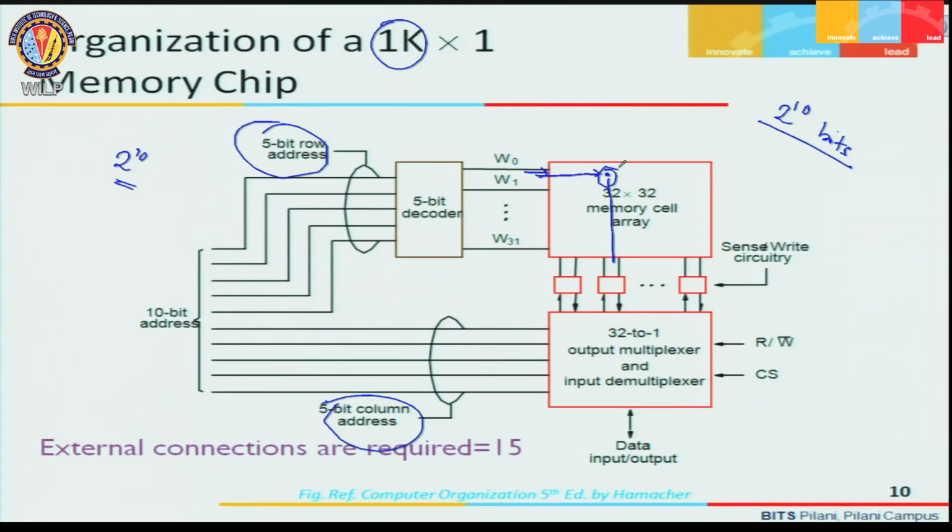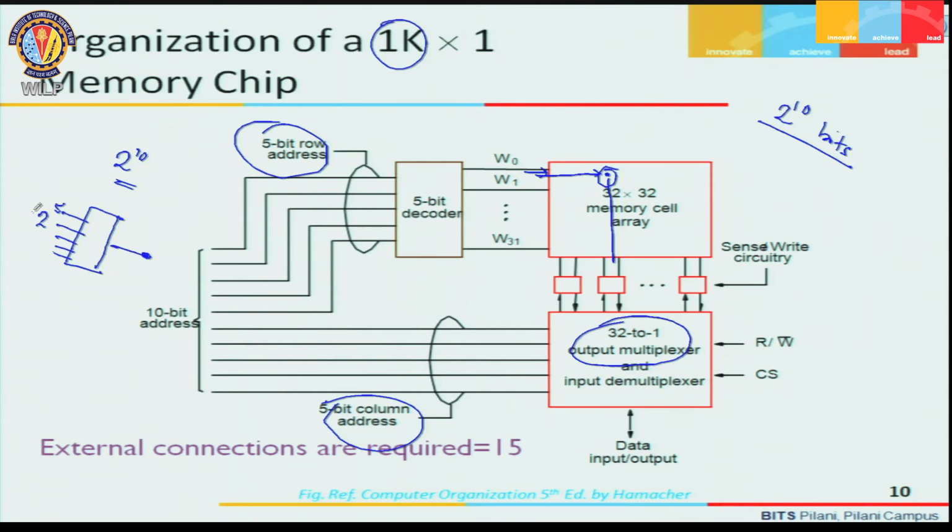Now, here I am using one multiplexer, 32 cross 1. A multiplexer is a device; suppose I give 32 inputs to a multiplexer, the combination of 2 raised to 5 selects, and the output will always be 1.